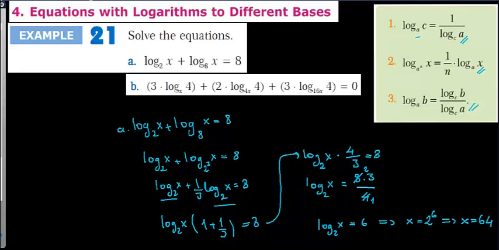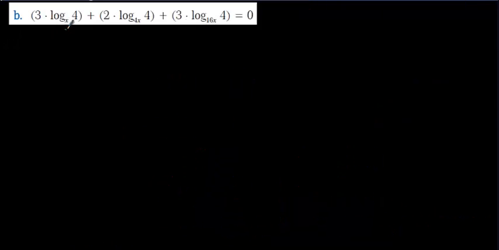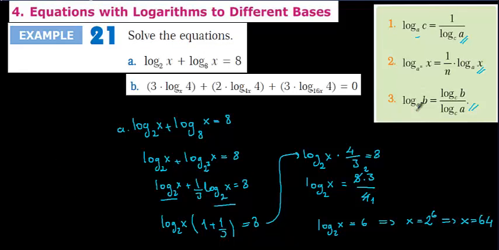If we continue with part B, here all the bases are different. It seems the same, but for x here it is 16x, so they are not the same, but the numerators are the same. We are going to use the property written here, the first property.